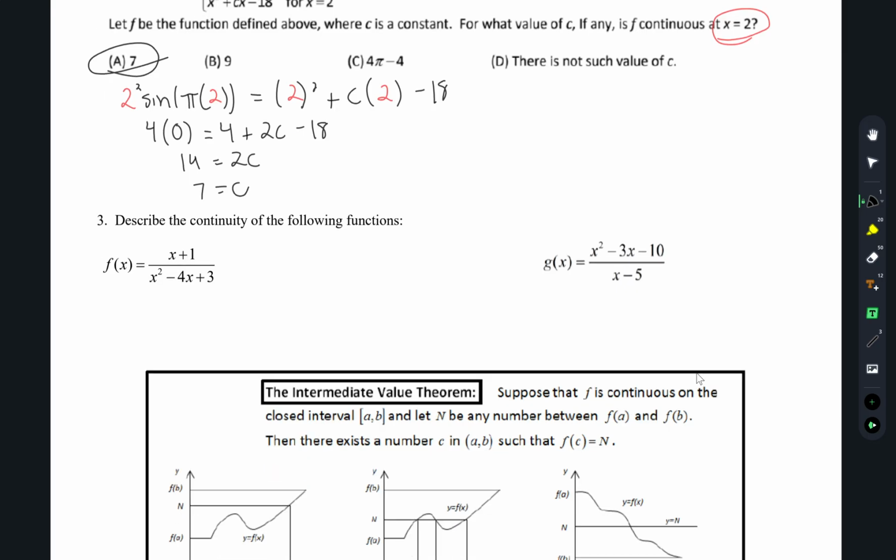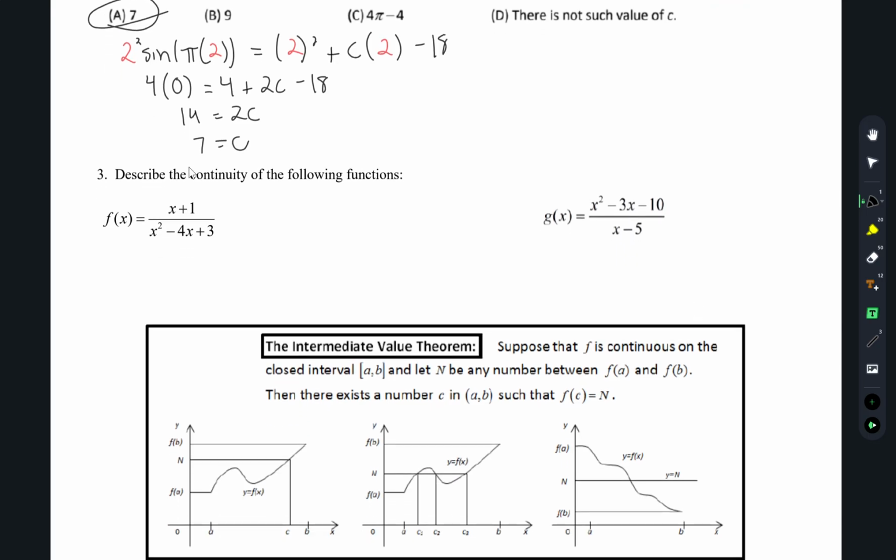Oh, this is supposed to say discontinuity. To describe the discontinuity, a lot of the time this one's multiple choice, so you have to decide if it's removable, infinite, asymptotes, that kind of thing. Basically you mess around algebraically with it. Do all your factoring, and see if there are holes, removables that divide out.